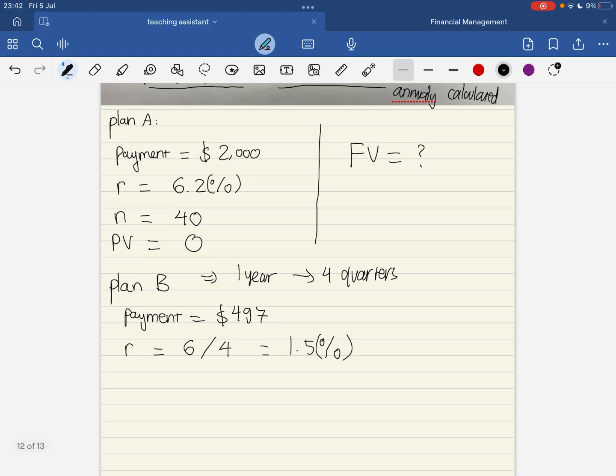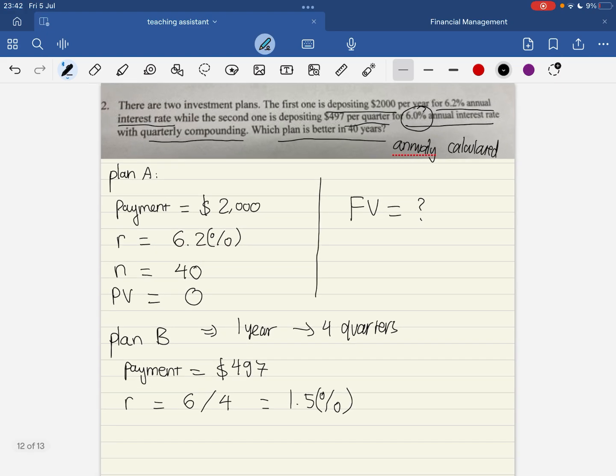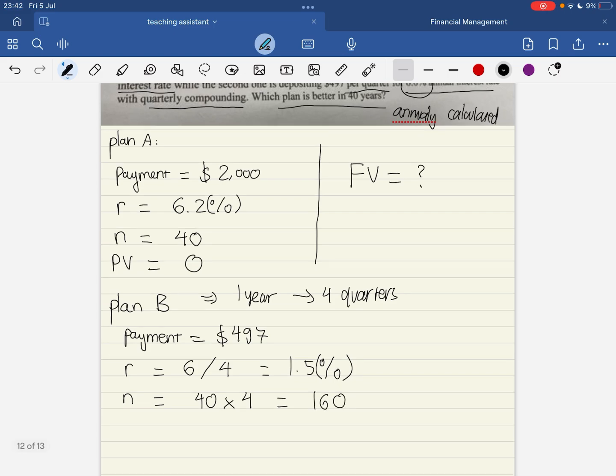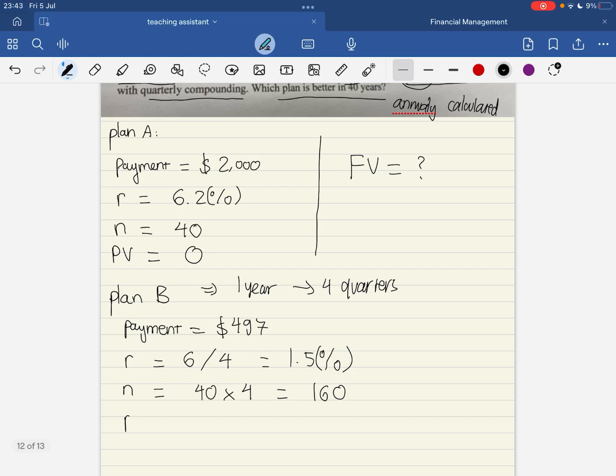How about the number of periods? You deposit for 40 years. However, every year has 4 quarters. So the total number of periods here should be equal to 40 times 4, which is equal to 160. Similarly, PV, which is the present value, is also equal to 0. And our job is to find out the future value.